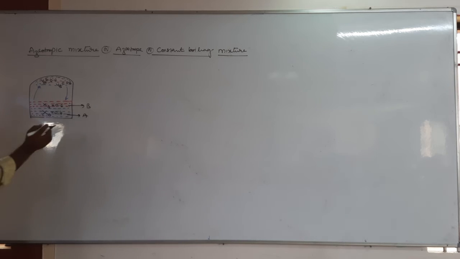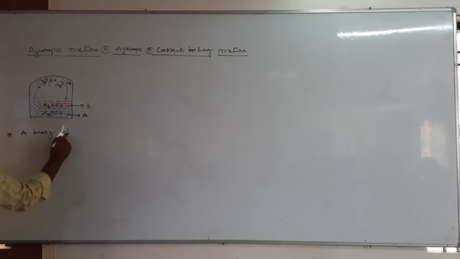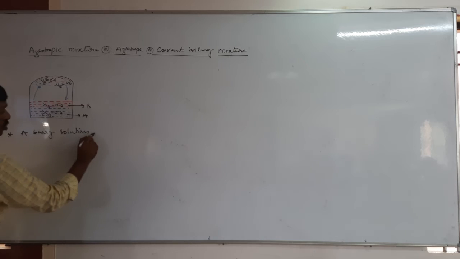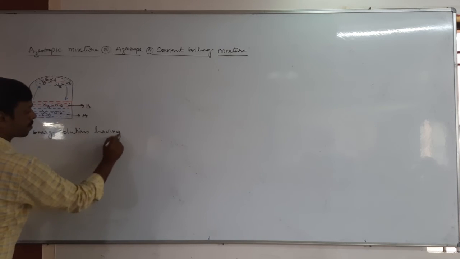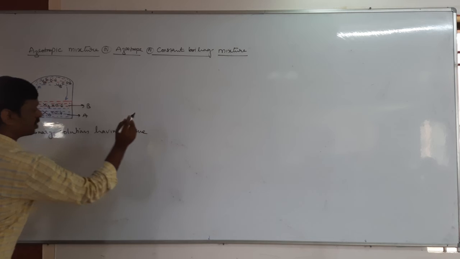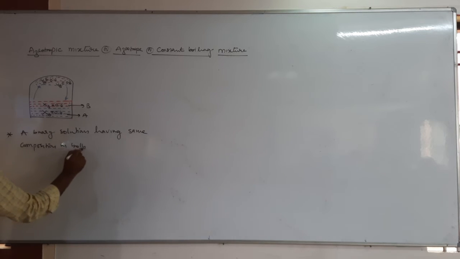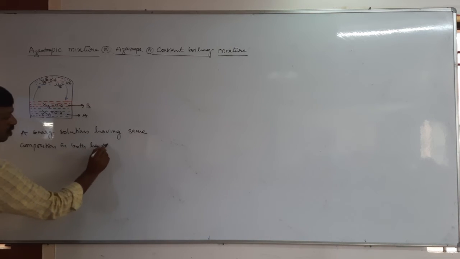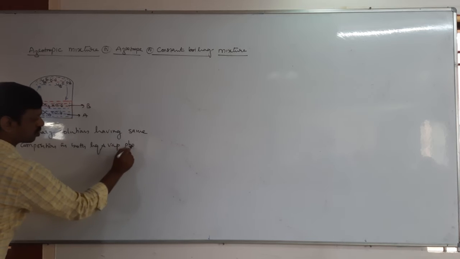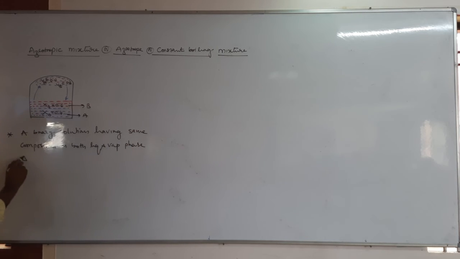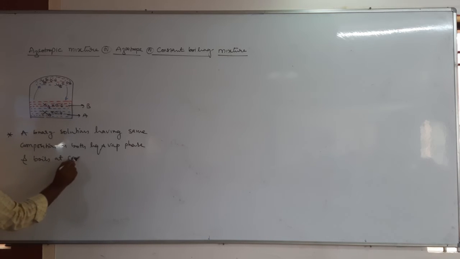So the definition is important. Tell me, what is the definition? A binary solution having the same composition in both liquid and vapor phase and boils at constant temperature.